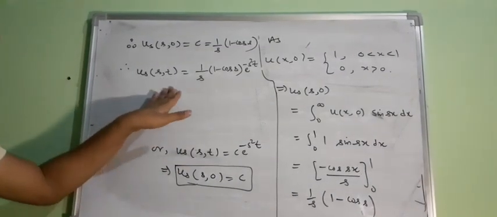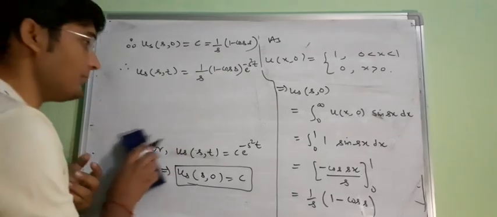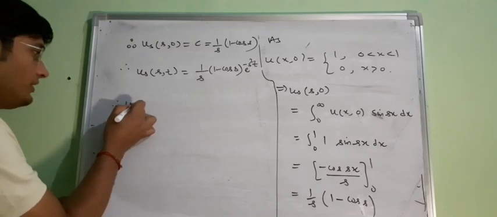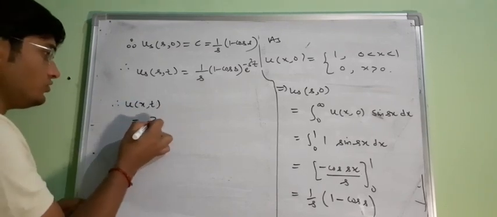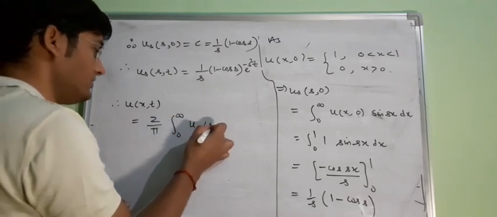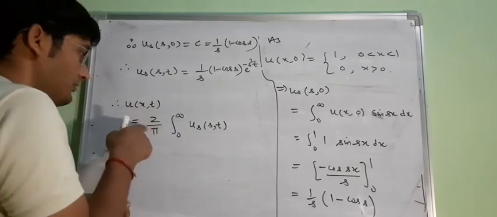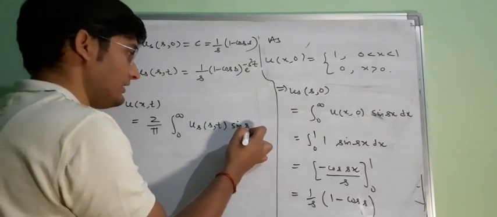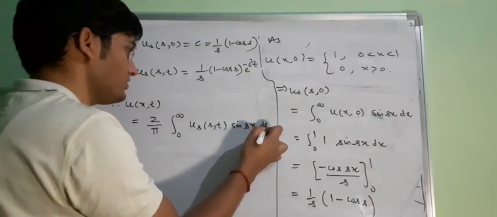Now, if this is the Fourier sine transformation, then apply the inverse Fourier sine transformation. Therefore, your uxt will be 2 upon pi integral 0 to infinity us st, then, as we are applying the inverse Fourier sine transformation, we will get sine sx and then integration with respect to s.